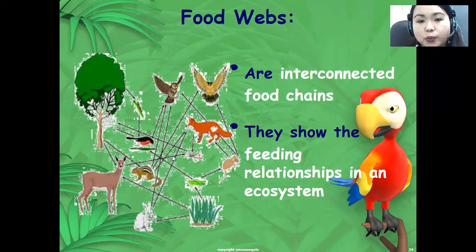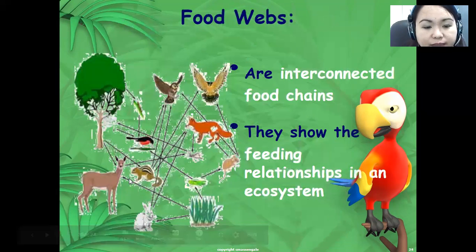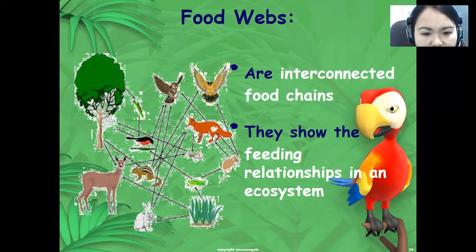So the food webs, these are examples where you can see interconnected food chains. They show the feeding relationships in an ecosystem. For instance, the plants are eaten by the deer, and then the deer is eaten by the wild dogs.